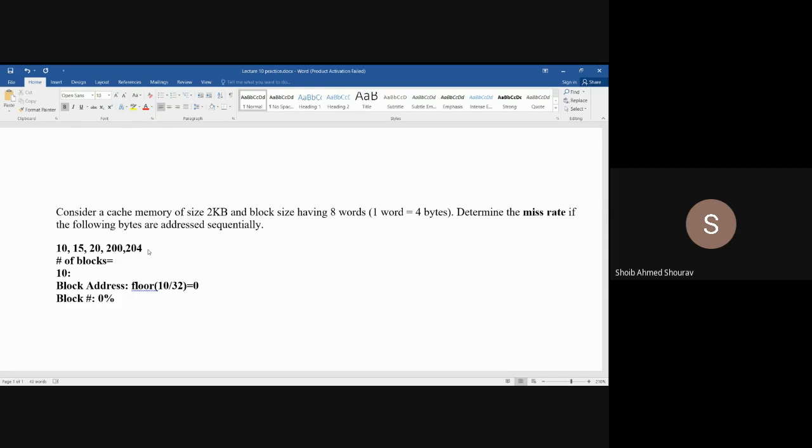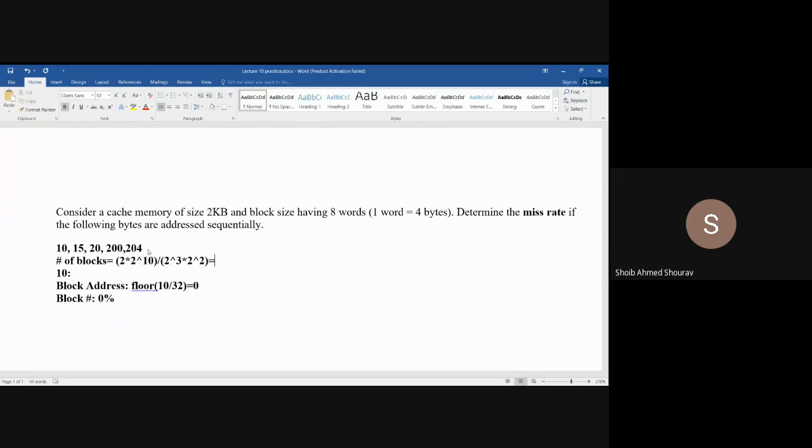2 KB. So we have to take this 2 KB, 2 into 2 to the power 10, right? Yes, sir. And we have to divide this number by 8 words. 8 is actually 2 to the power 3, and we have to take it to bytes. 1 word is equal to 4 bytes, so we multiply with 2 to the power 2.